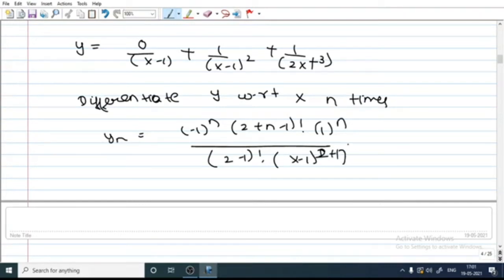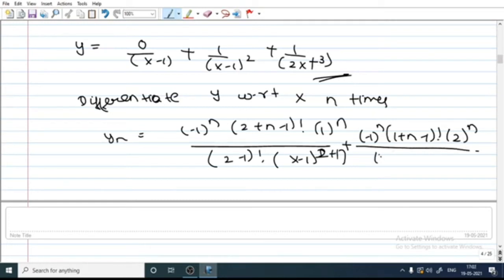After this you can simplify. Plus here it will be minus 1 power n, 1 plus n minus 1. If I differentiate this one, minus 1 power n minus 1 factorial into n minus 1, into a which is 2, the whole power n, the whole upon 1 minus 1 factorial into 2x plus 3 power 1 plus n. So we are done with this.